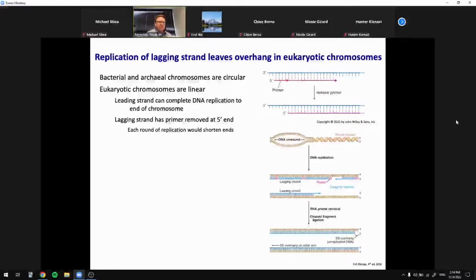But on the lagging strand, we had to have lots of little primers added. Then we make it in short fragments called Okazaki fragments. Then those primers get removed and replaced with DNA. So what happens at both ends of a linear DNA molecule as we're replicating?